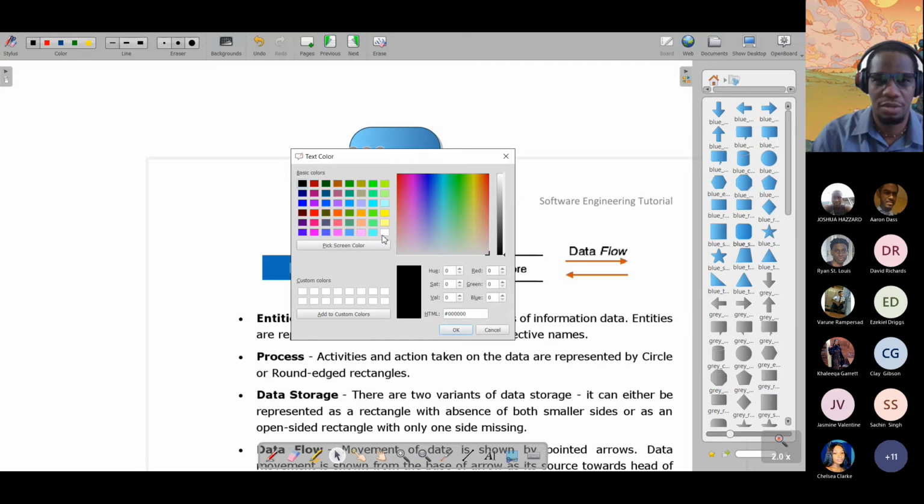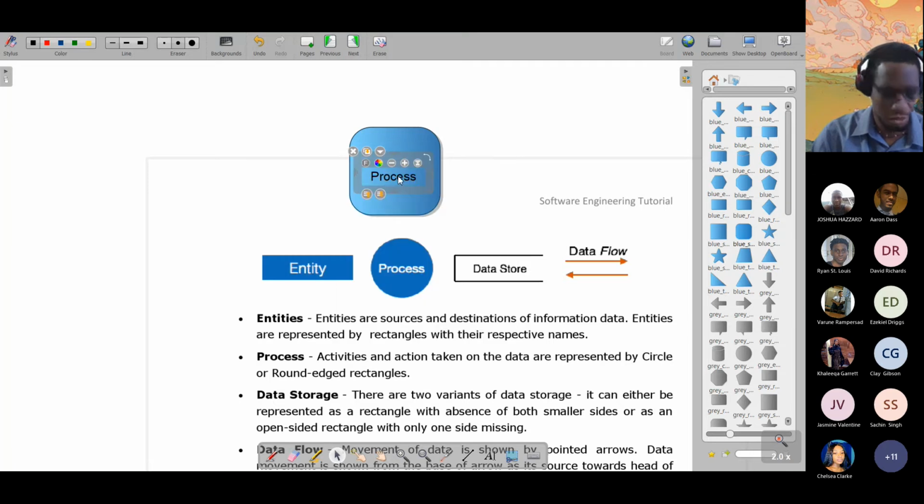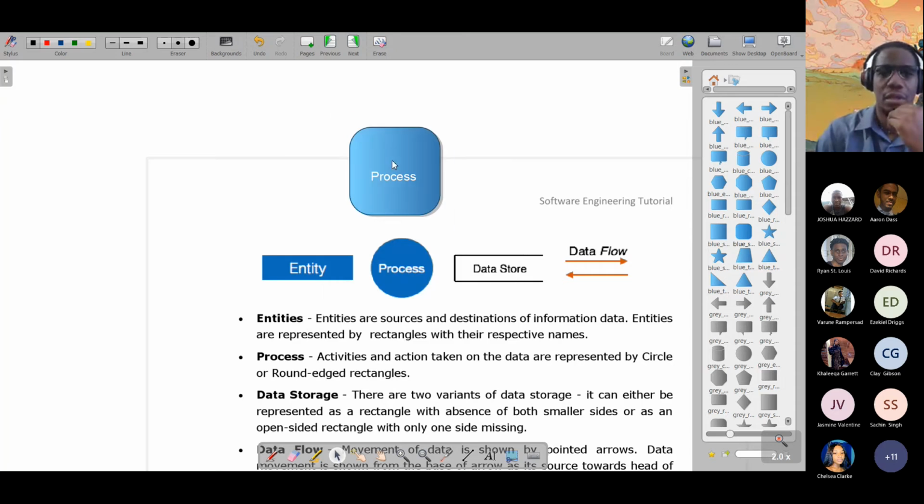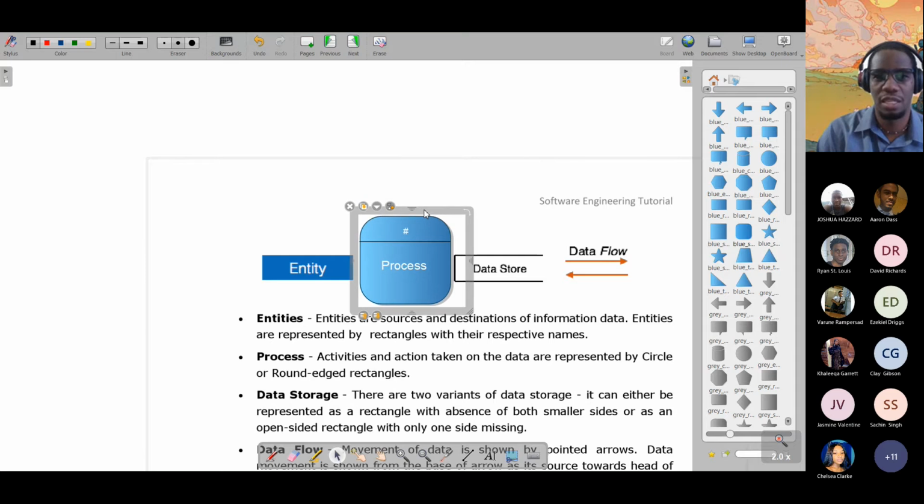Okay, so I'm going to change this color to white. Okay, so our process looks more like this for computer science.